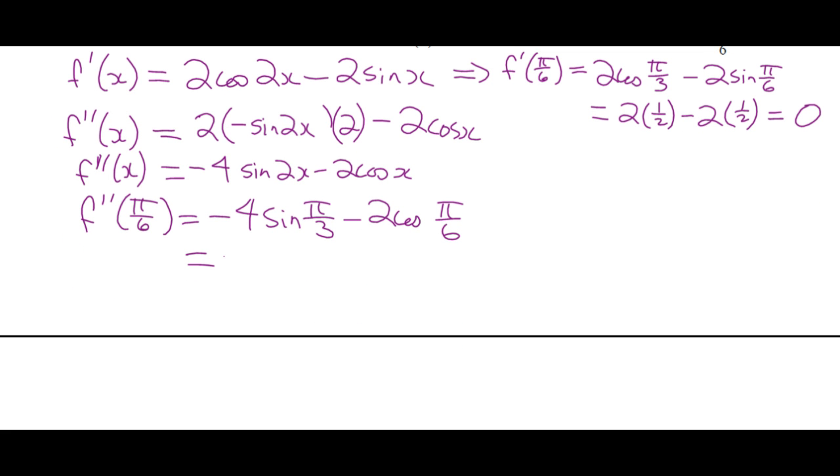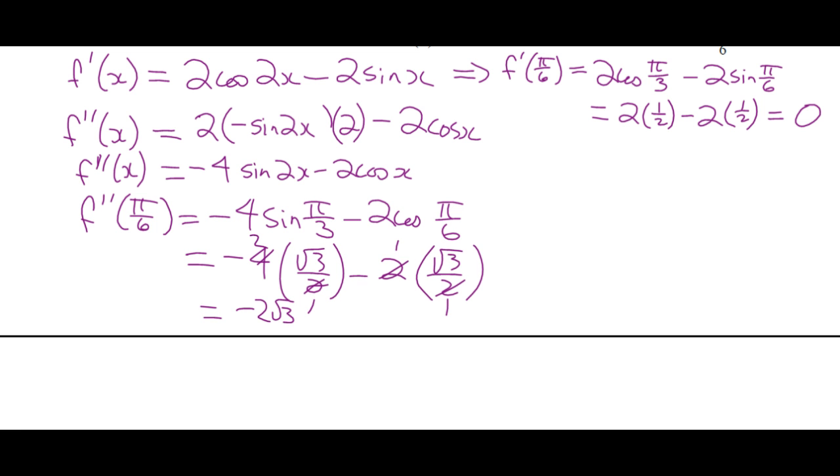So what's sine pi over 3? It's root 3 over 2, right? And cos, that's root 3 over 2. So we get negative 2 root 3, negative 3 root 3. So what can we say about f double prime of pi over 6?